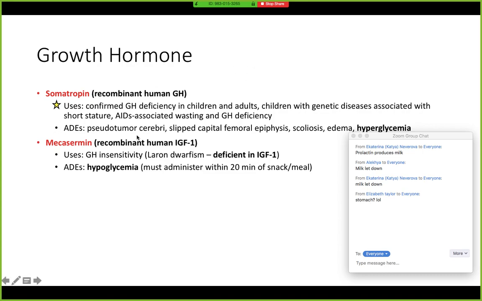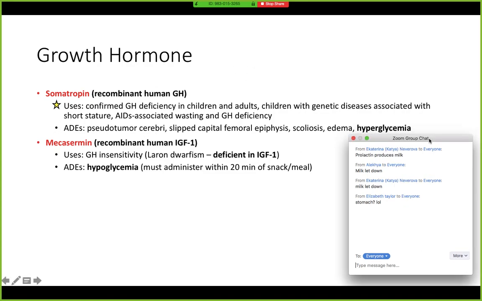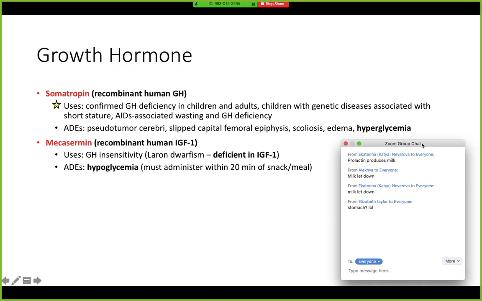And then some of the adverse effects are pseudotumor cerebri. And I wanted to point this one out. This is actually the old name. Do you guys know what the new name for this is? Pseudotumor cerebri? Did you talk about it? I feel like maybe Dr. Dubisky might have talked about it. So does idiopathic intracranial hypertension sound familiar?